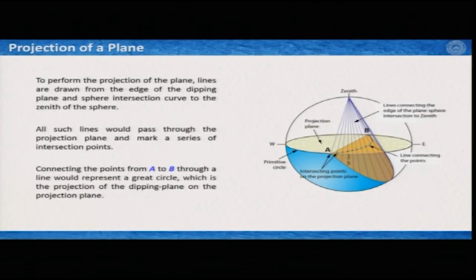Now, to do that, as we have done with the line, we will draw a series of lines from the edge of this intersection plane and the sphere to the zenith. So, all these violet lines, if we connect them continuously, would produce a sort of cone, and the individual lines of this cone would also intersect on this projection plane.